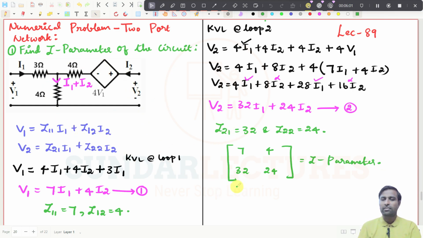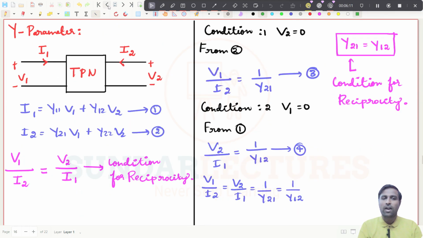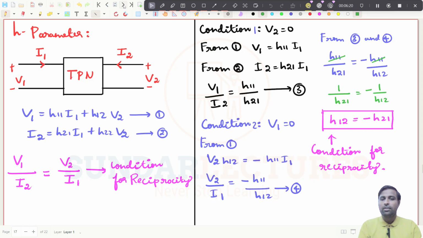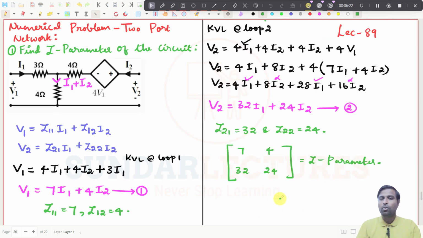Maybe if they are asking you whether this circuit is reciprocal, no, right? What is the condition for reciprocal? If you have a Z parameter, if the circuit is reciprocal, then Z12 should be equal to Z21, right? Whether this condition satisfy here? No, right?